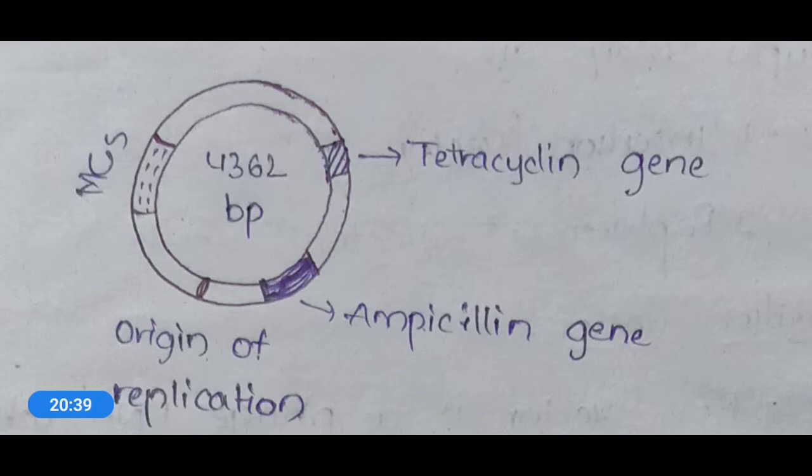And ultimately this pBR322 is helpful in the transfer of desired gene into the E. coli cells. This plasmid will work mostly on E. coli cells, so this is the artificial plasmid for E. coli cells.